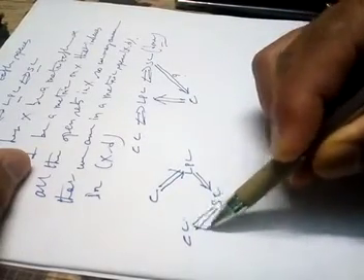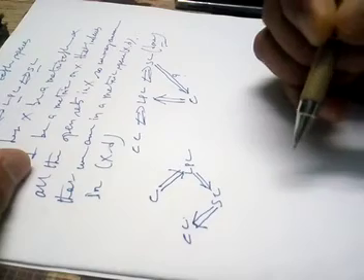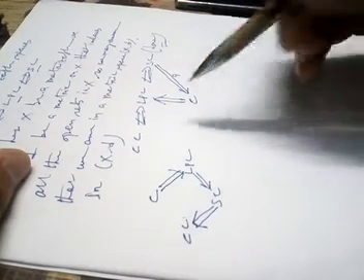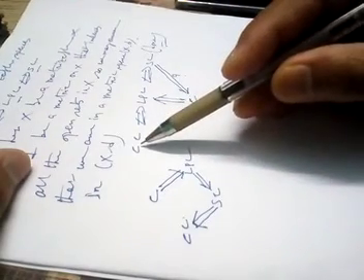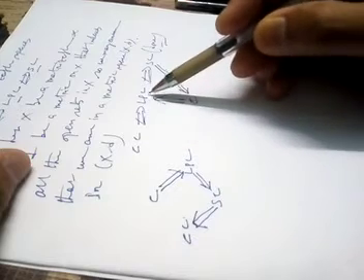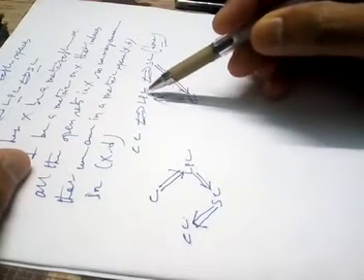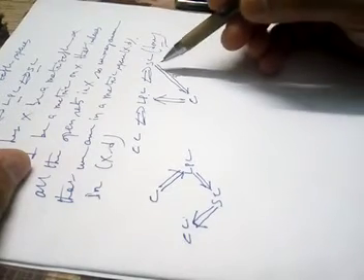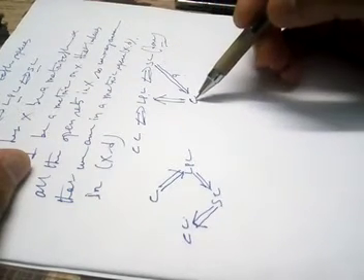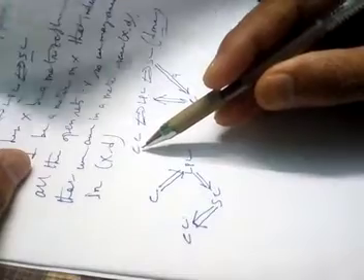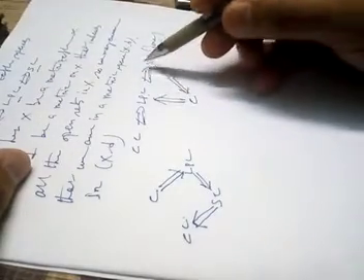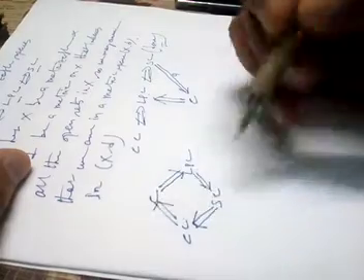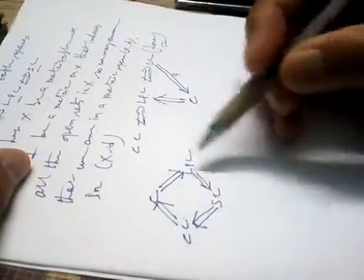Now countable compactness implies limit point compactness, and limit point compactness implies sequential compactness. If we show this, then sequential compactness will imply compactness. So ultimately countable compactness will imply compactness. So this cycle will be completed.